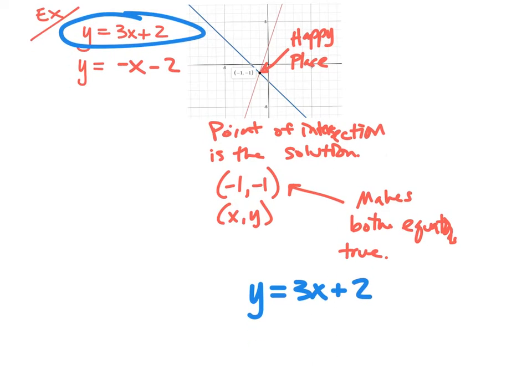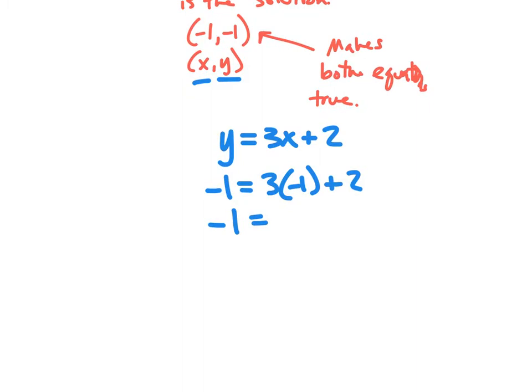If I plug in -1 for y and -1 for x, all right, if I evaluate this, I get a true statement. -1 is equal to 3 times -1 is -3, plus 2. -1 is equal to -3 plus 2 is -1. Okay, that's a true statement.